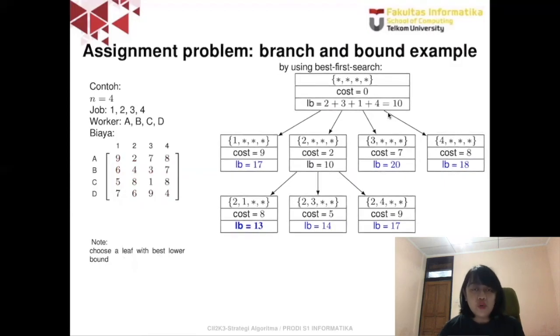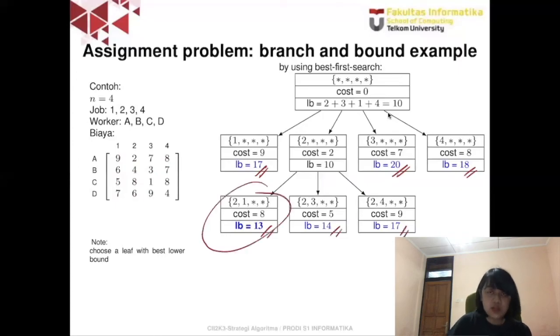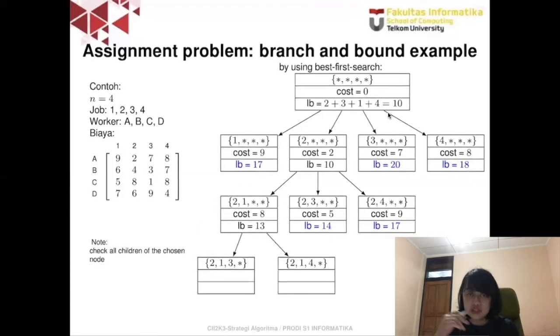And again, we choose the leaf with the best lower bound. And here we compare 17, 20, 18, 13, 14, and 16. And this is the winner. So we continue with that node to check all of its children.